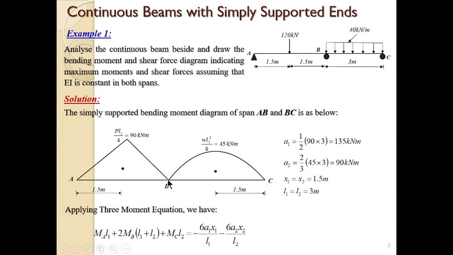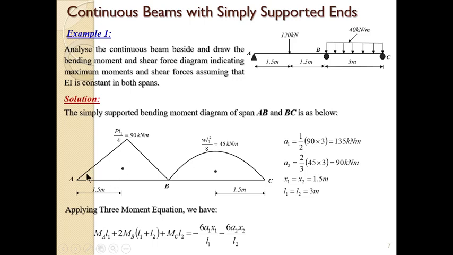While this one will be an arc, a semicircle kind of form, and the peak here will be W L1 squared. Okay, this is actually L2, not L1. This place is L2, please take note. So W L2 squared over 8, and that gives us 45 kilonewton meter. So now what is the centroid distance?